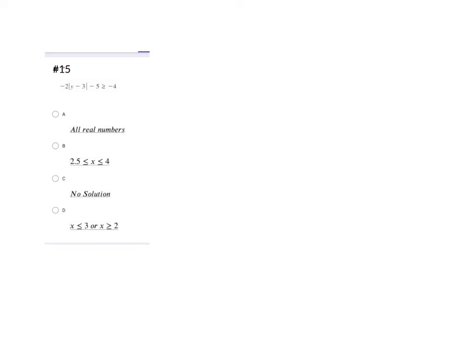Alright guys, number 15, we've got negative 2 times the absolute value of y minus 3 minus 5 is greater than or equal to negative 4. So I'm going to start out by getting rid of this minus 5. I'm going to add 5 to both sides.